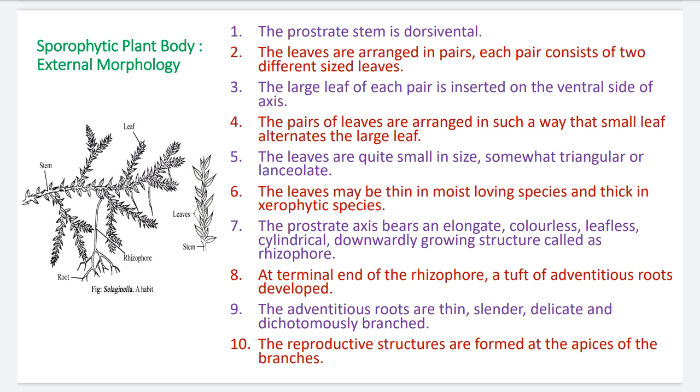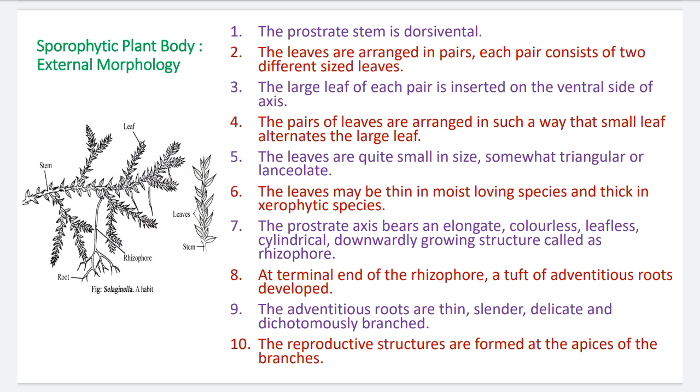Due to this arrangement, the small leaf alternates with the larger, and the larger leaf alternates with the smaller. So this is the arrangement of leaves on the stem. Number 5, leaves are quite small in size, somewhat triangular or lanceolate. They are small, triangular in shape, or lanceolate, means long in nature.